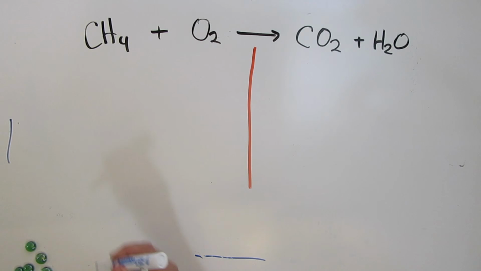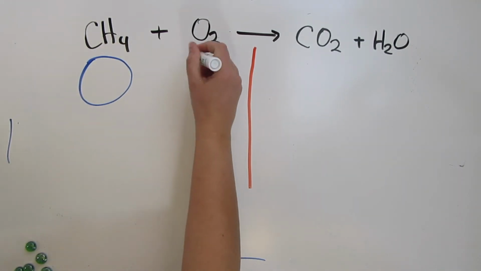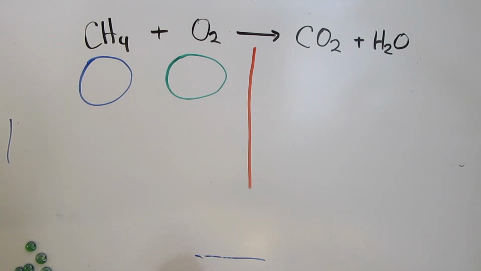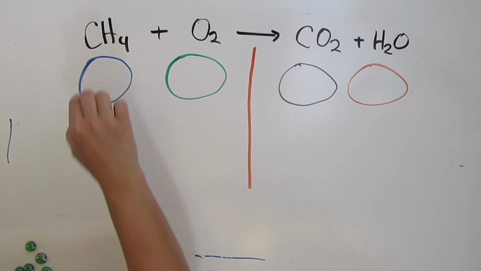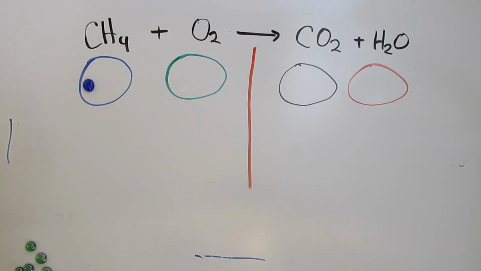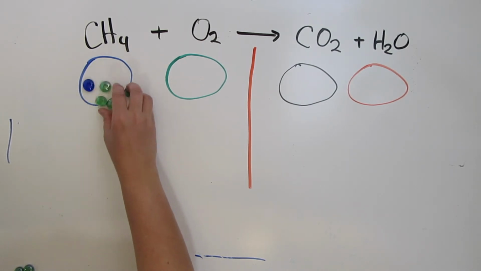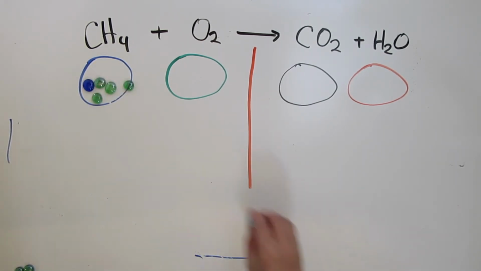And again, I'm going to make these packages different colors so that we can keep them straight a little better as we add to them. So let's start. I'm going to make that carbon, I'm going to make the greens hydrogen, and once again I'm going to use oxygen to be light blue.